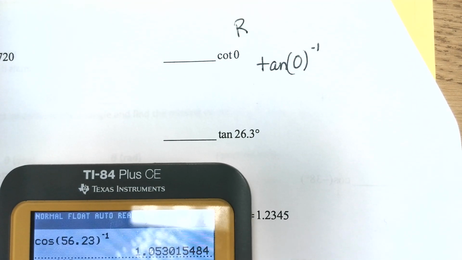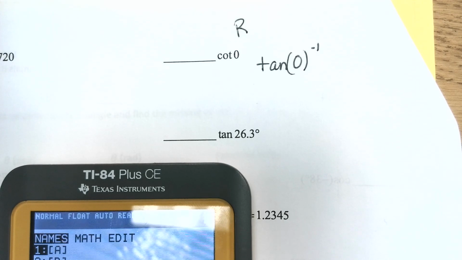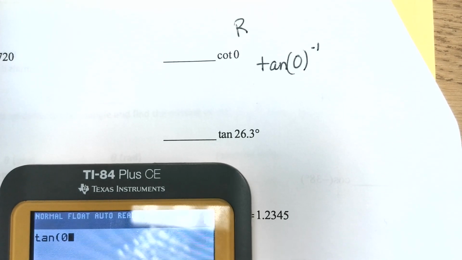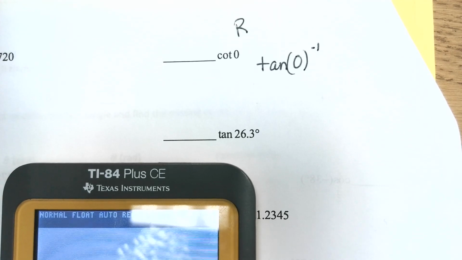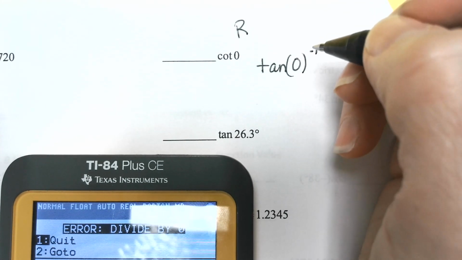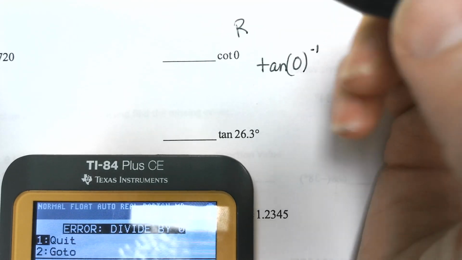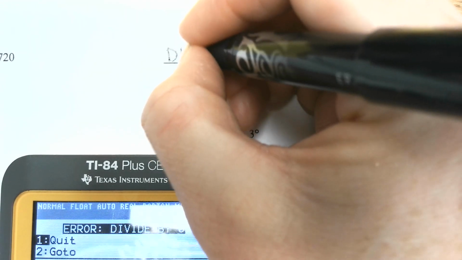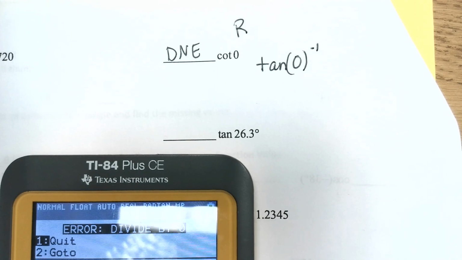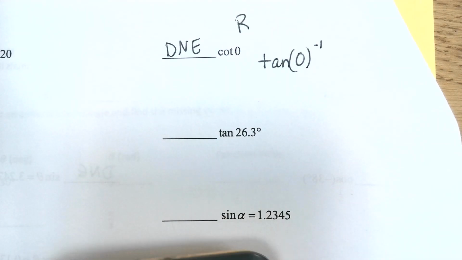Tan of 0, and it says error divided by 0. That would be where you have like 1 over 0. And so it does not exist, or you can put no solution. Does not exist.